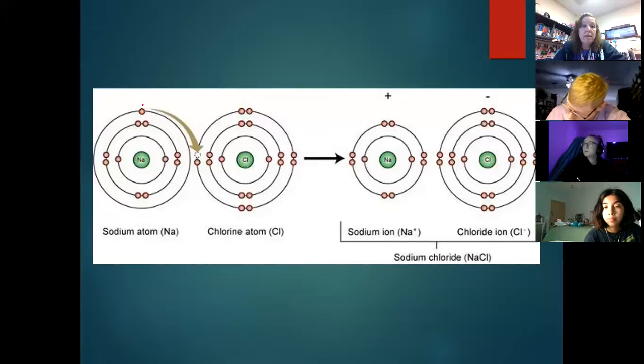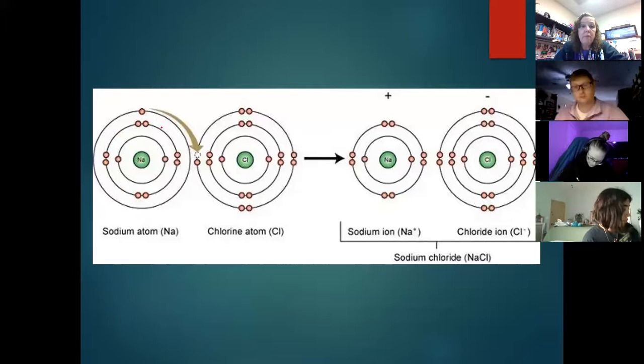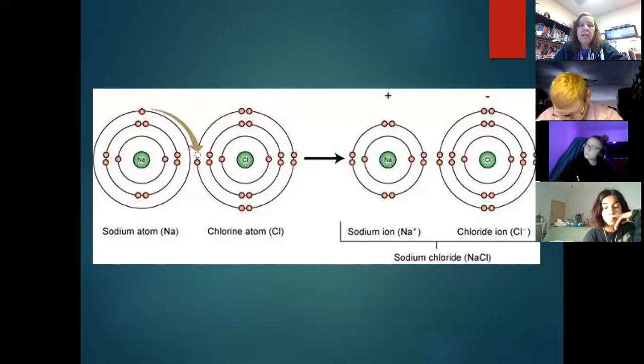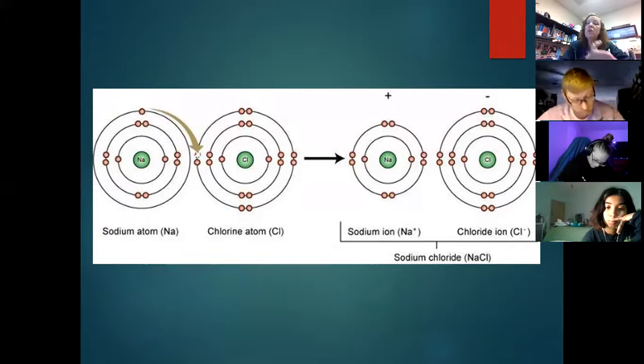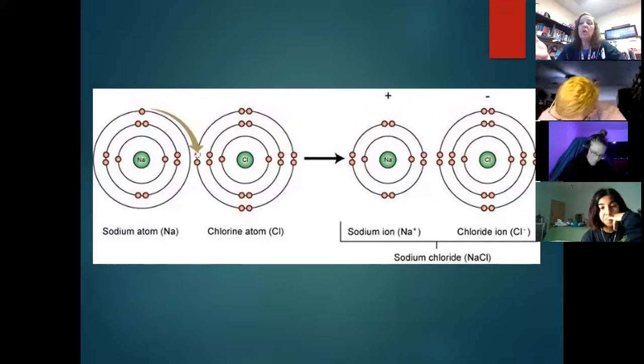And so our sodium is going to donate and get rid of that electron, making the next shell whole. Chloride, on the other hand, has 7 in the outside ring. And so he can go out and pick up that donated electron, and now he is whole. But sodium has turned more positive because we got rid of an electron. Chloride has become more negative because we picked up that electron. And now we have opposites attract.